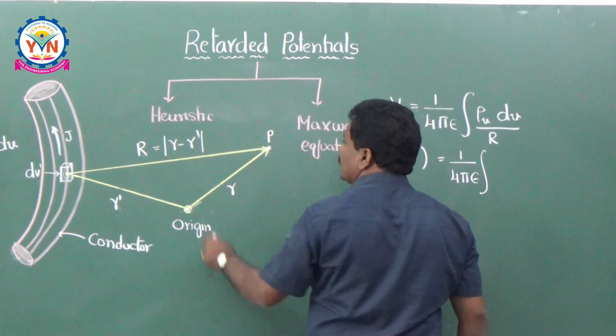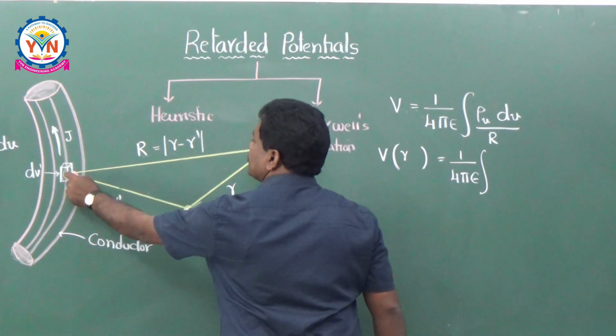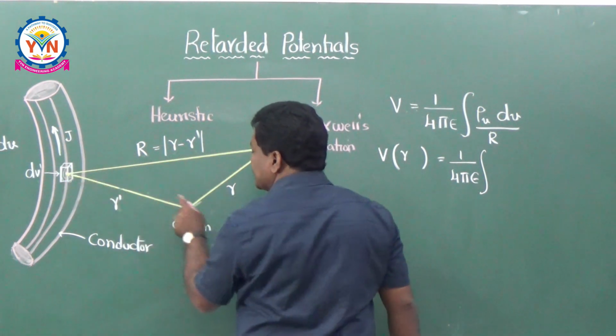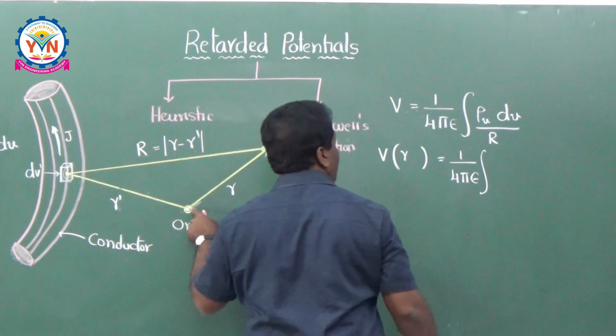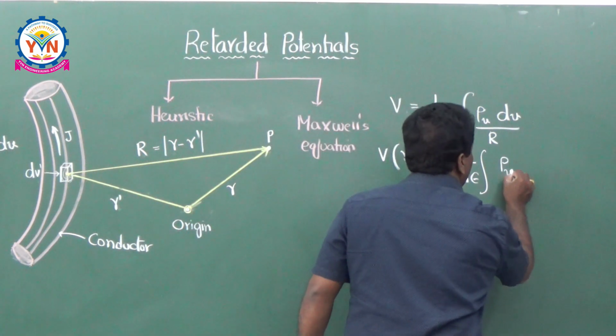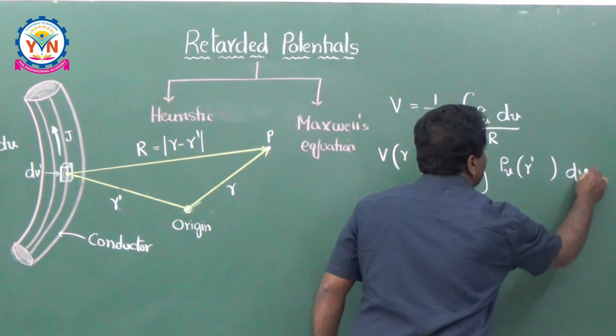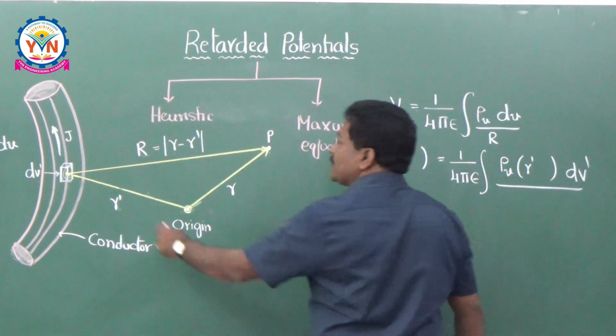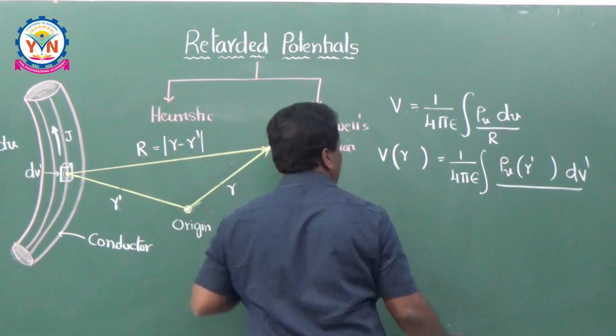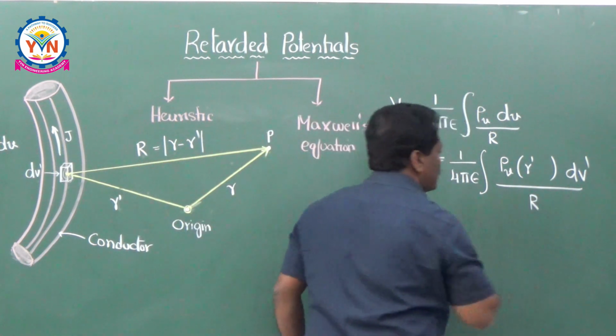What is rho V? Rho V is the charge density. This charge density is at a distance r dash from this origin. That's why I can say rho V at r dash into dV dash divided by capital R, the distance between the source and observation point. That's why I can write like this.